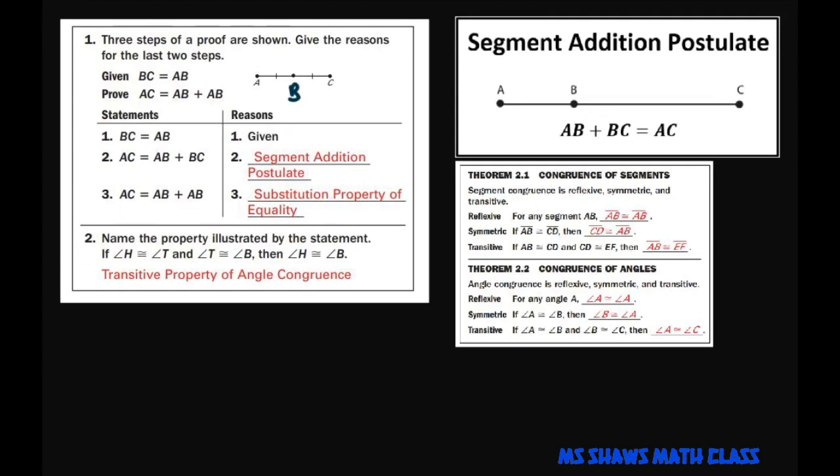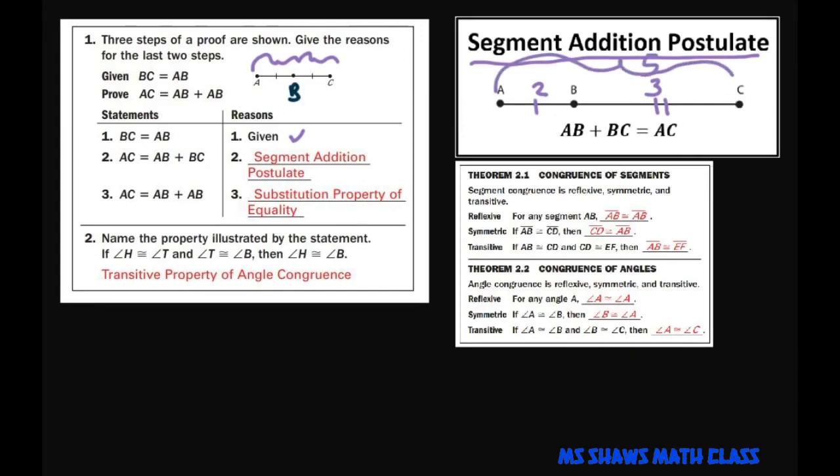So, since these two are the same, we have BC equals AB, that's given. We know from the segment addition postulate that this side plus this side, when you add those two up, so if this was 2 and this was 3, then this whole length would be 5.